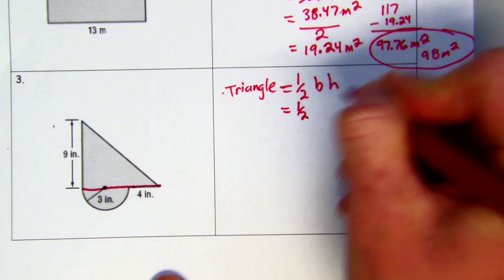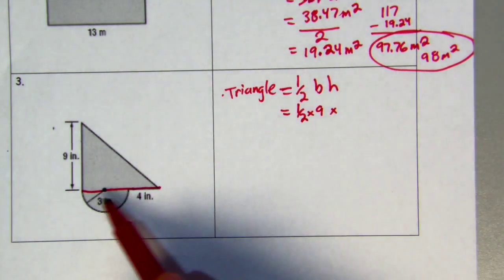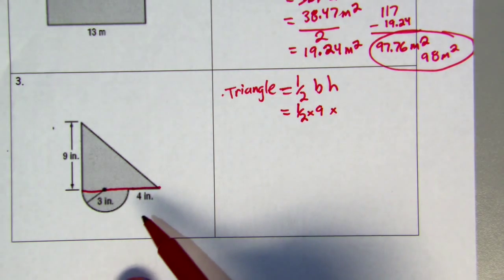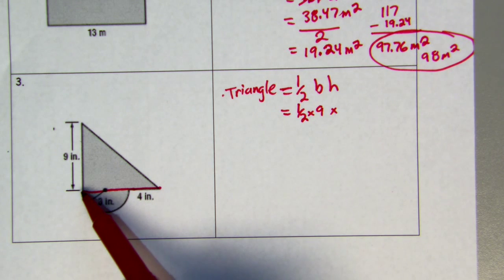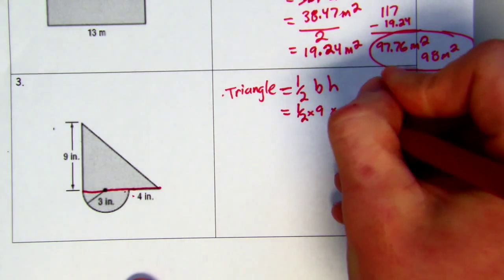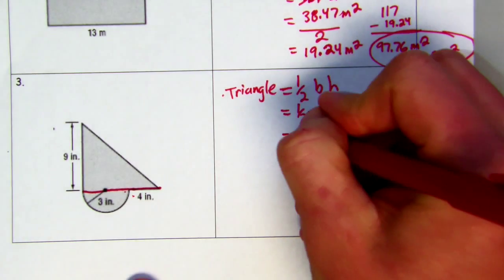I'm going to do half times 9. And then for my base, my height was 9. My base, I know that the radius is 3 there, so the diameter is going to be 6, and then add 4 more on is going to be 10.